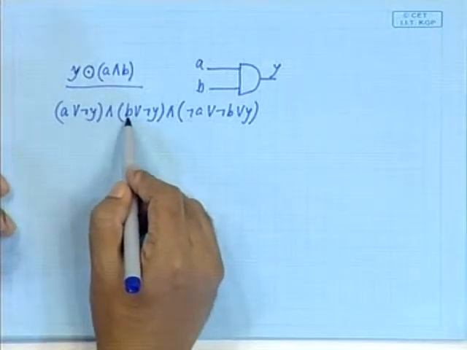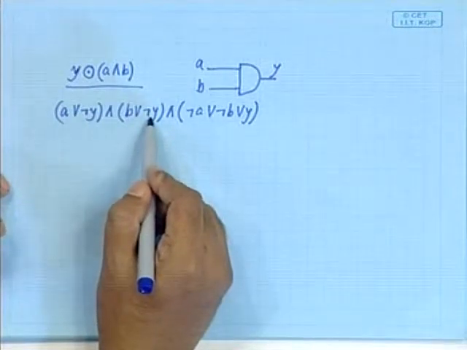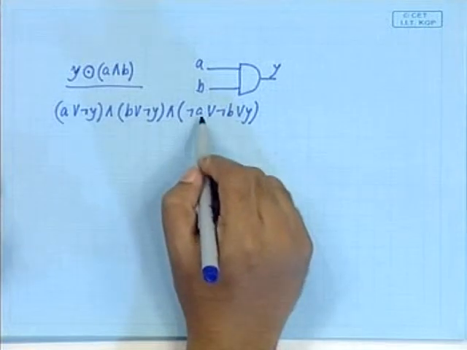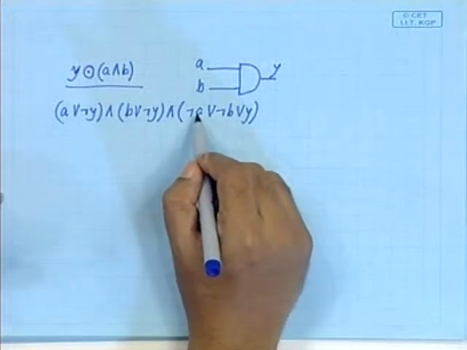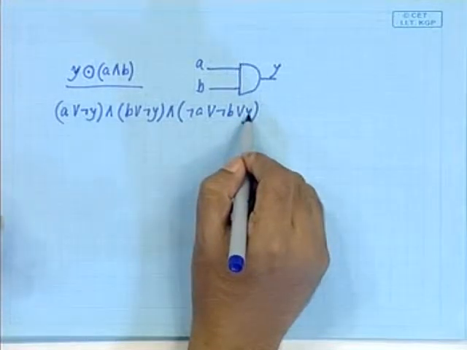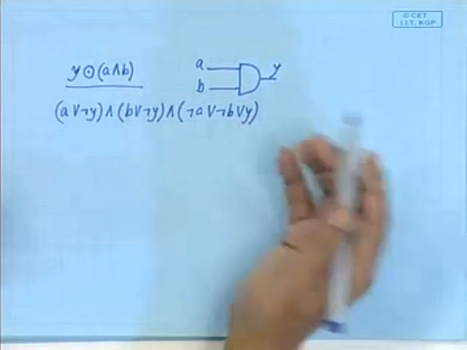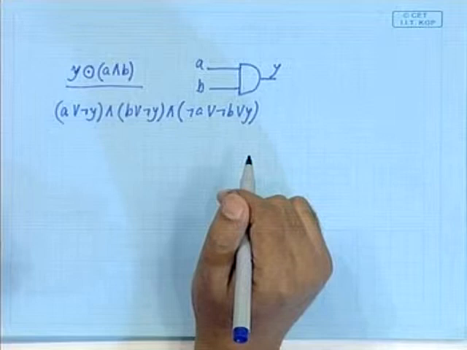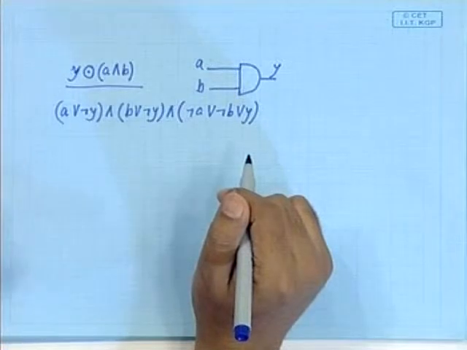This one says whenever not B, then not Y must hold, and this one says that when you have A and B, then Y must hold. Clear?